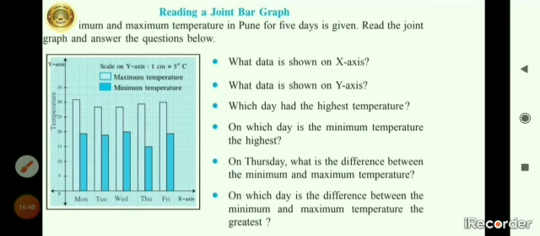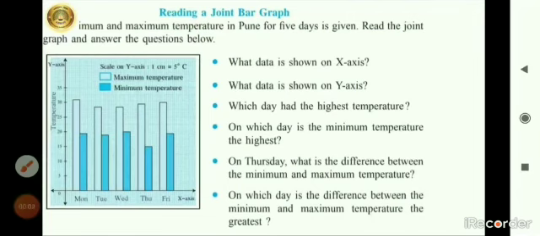Hence we have to find the difference. 29.5 minus 15 will give you 14.5 degrees centigrade. So what is the difference? 14.5 degrees.